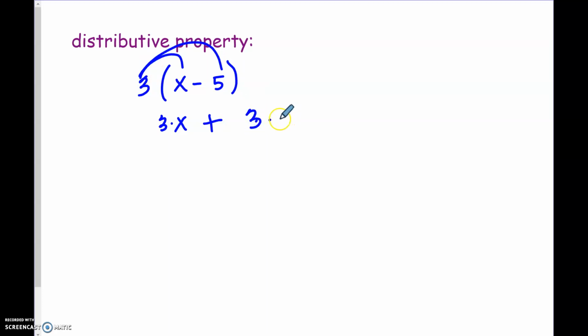And the distributive property is something that we have done before. We just did it when we were doing point slope form. We'd have a number on the outside, and then x minus 5. The distributive property says I'm going to take 3 times x, and then add to it 3 times a negative 5. So I have 3x plus a negative 15, or you could just write 3x minus 15.